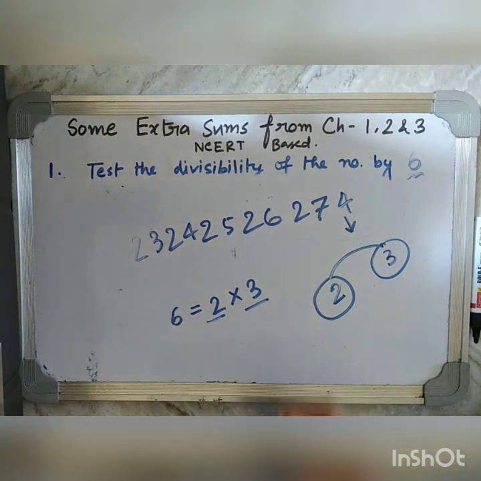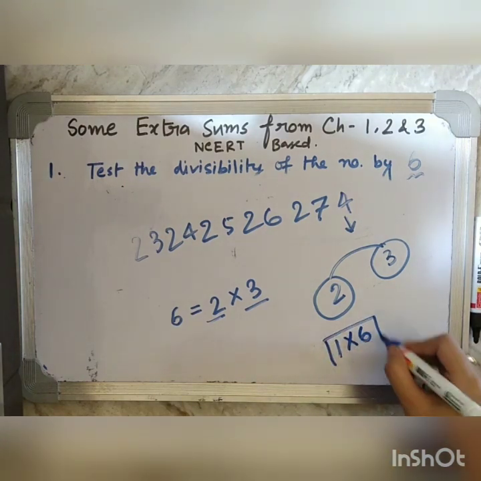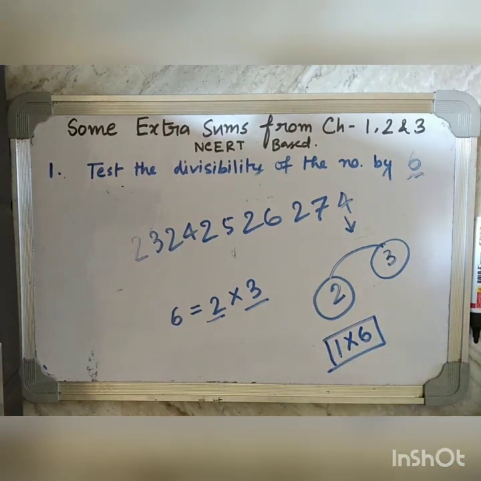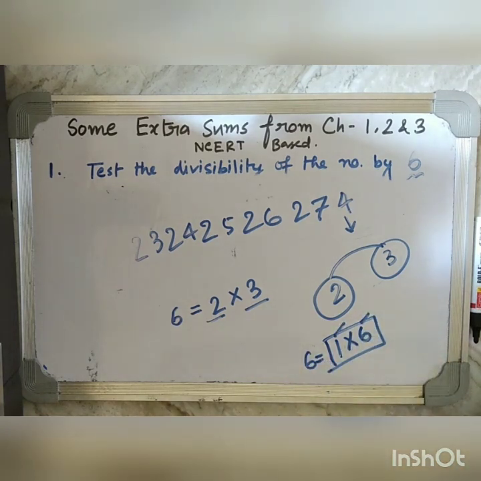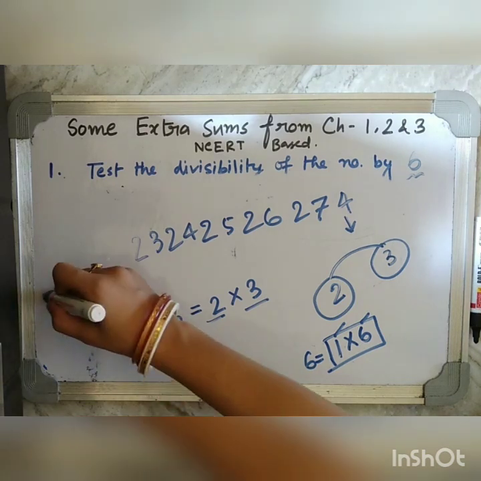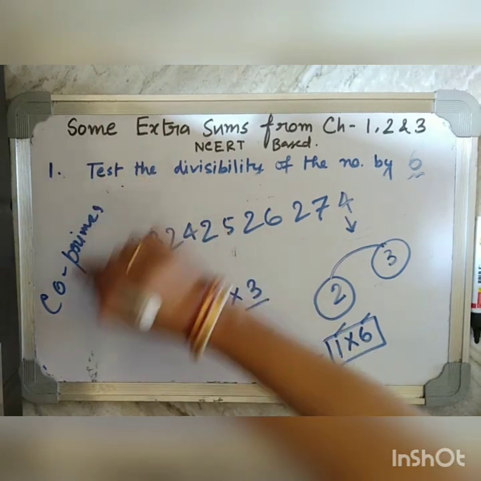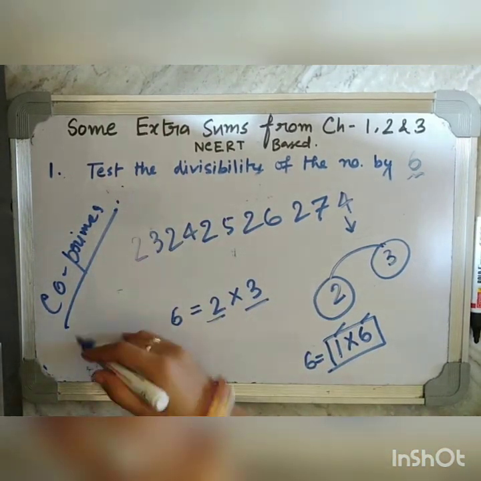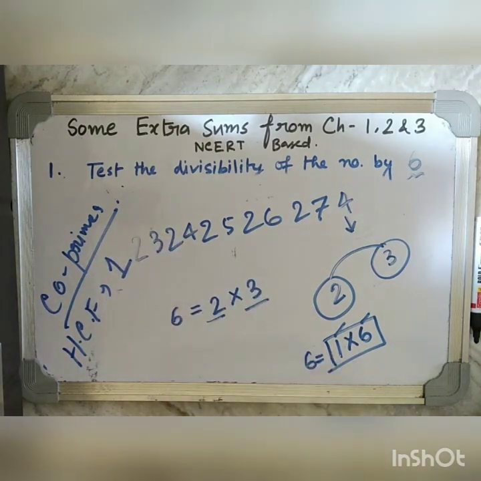Okay. First we will check other than 1 cross 6. Other than 1 and 6, we have to take two co-prime numbers. Co-prime numbers means where we can say that the HCF of two given numbers will be 1.